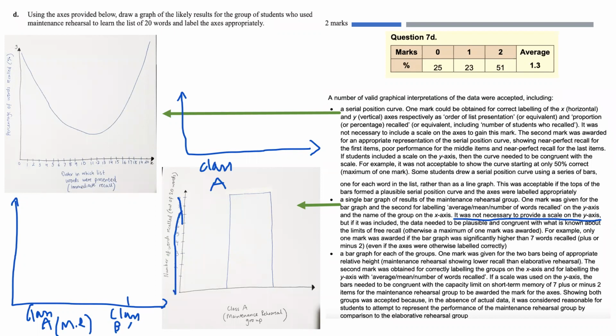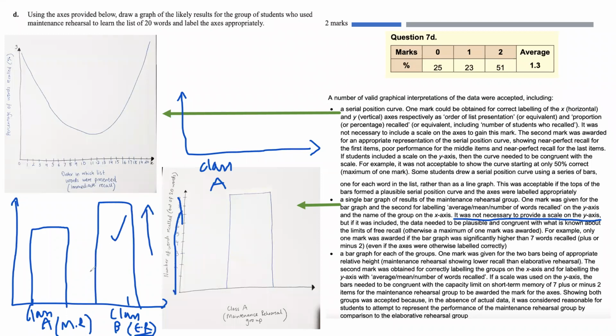As long as you can label that in terms of the two classes and what type of rehearsal they went through, and as long as you can draw the elaborative one, class B, as being taller or bigger than class A, this shows us that elaborative rehearsal does lead to better recall, as per the conclusion that was given, compared to maintenance rehearsal. And you just need to label this as percentage recall or something like that, or recall of words. That's it. You don't need to include numbers.